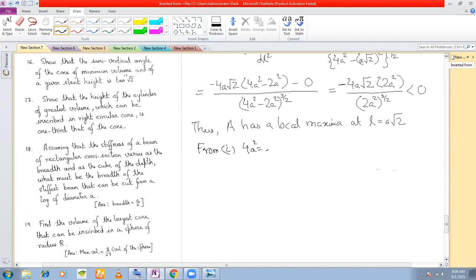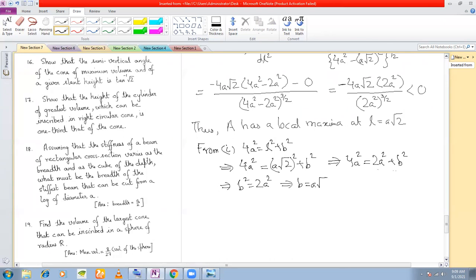So from 1, 4a square is equal to L square plus b square. Put the value of L here. L here is a root 2. That means you get 4a square is equal to 2a square plus b square. That means b square is equal to 2a square. That means b must be equal to a root 2. That means length also you are getting and breadth also you are getting as a root 2.